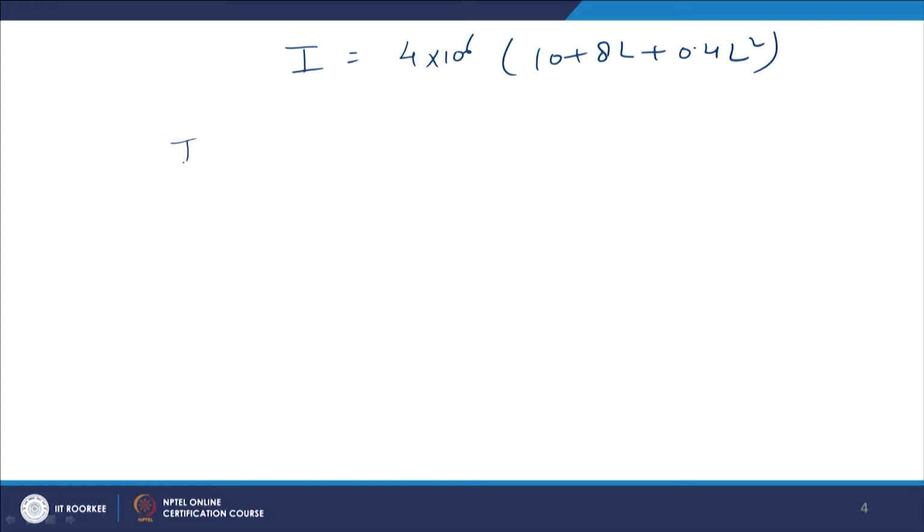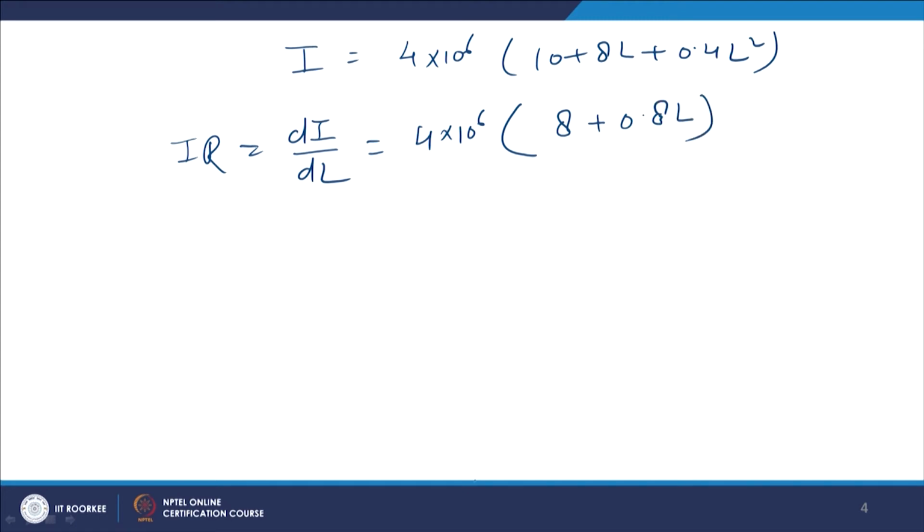Now the incremental rate IR is dI by dL, so it is 4 into 10 to power 6, 8 plus 0.8 L. We take the value of L as (3 plus 5) by 2, which is equal to 4, right?